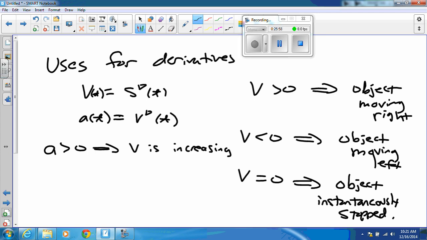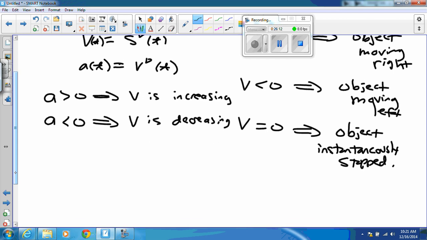If the velocity is negative, then an increasing velocity will mean it's getting less negative. It's moving towards 0, the speed is decreasing. If the acceleration is negative, the velocity is decreasing. And we'll just take this as a matter of definition.